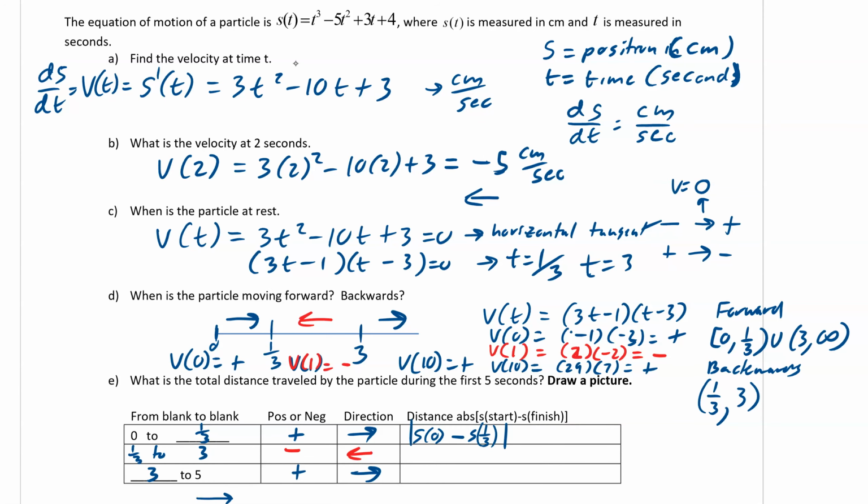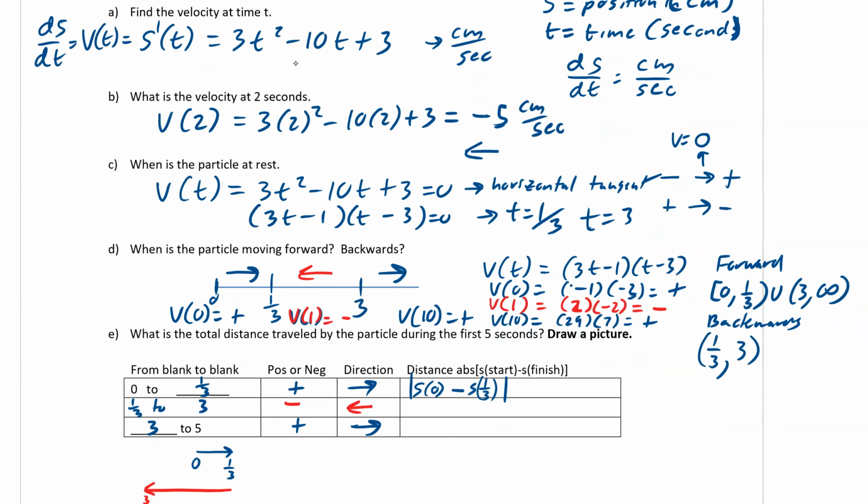You're going to take the absolute value to find the distance. And then we're going to do it again. s of 1/3 minus s of 3, absolute value. And then position at 3 minus position at 5, absolute value. And that will give us our distance traveled. So we need to find s of 0, s of 1/3, s of 3, and s of 5.